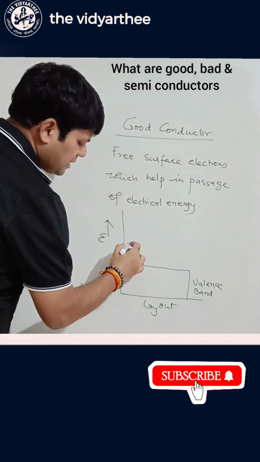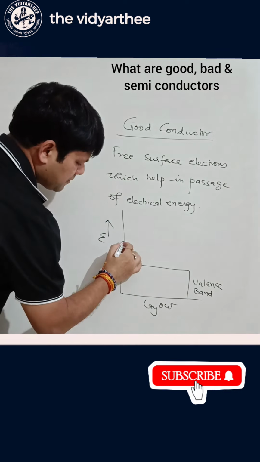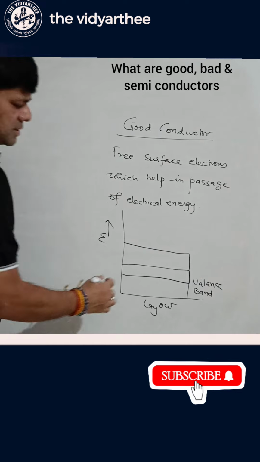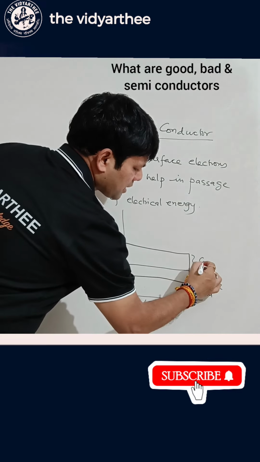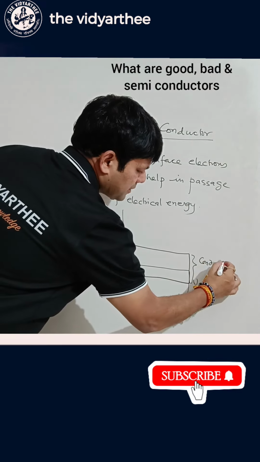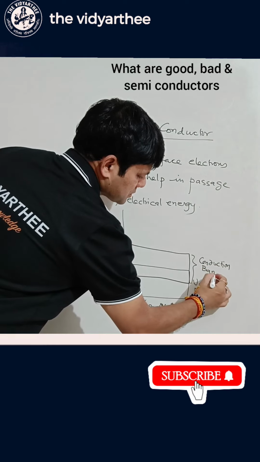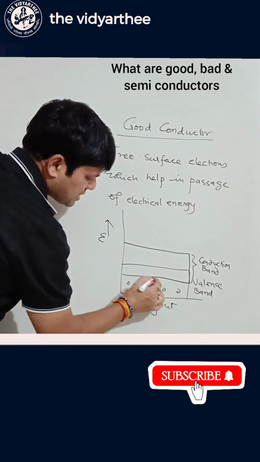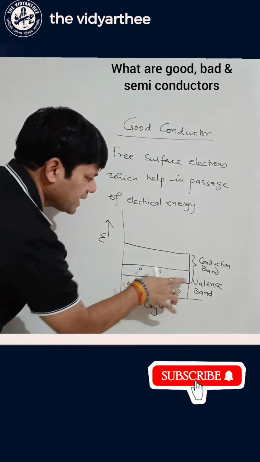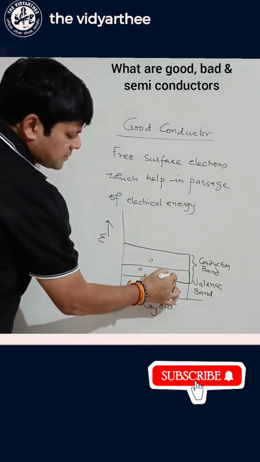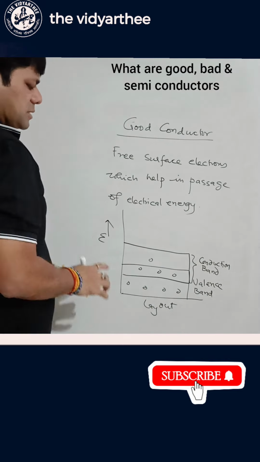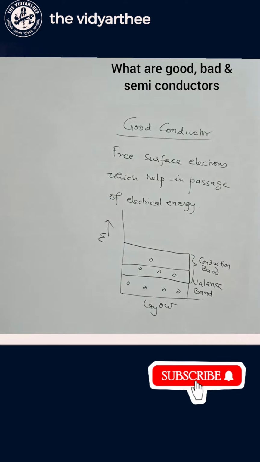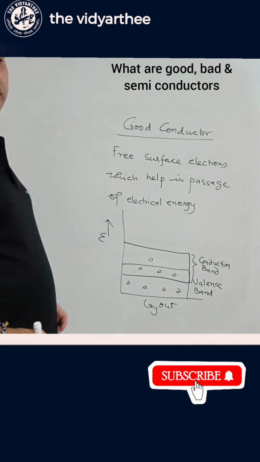And there is a conduction band. In case of conductors, the conduction band merely overlaps. So those electrons which are there in the valence shell, some of them are already there in the conduction band. That's why they are good conductors, because they are already available for the process of passage of electricity. I hope you understand what is a good conductor.